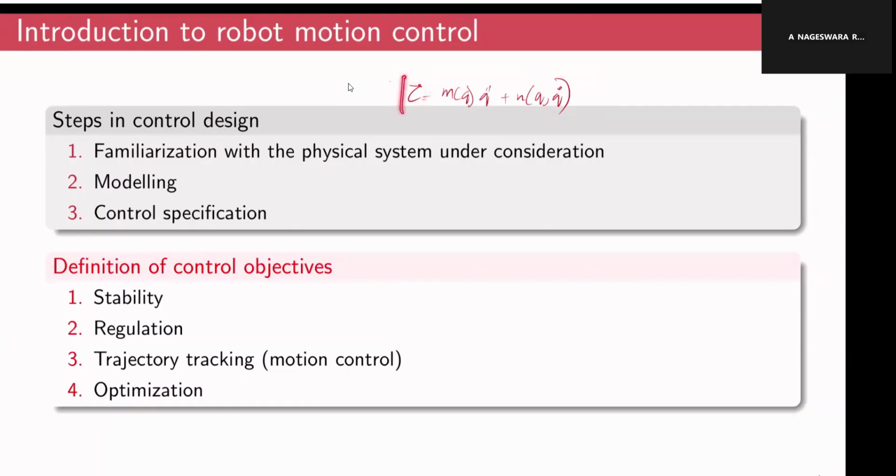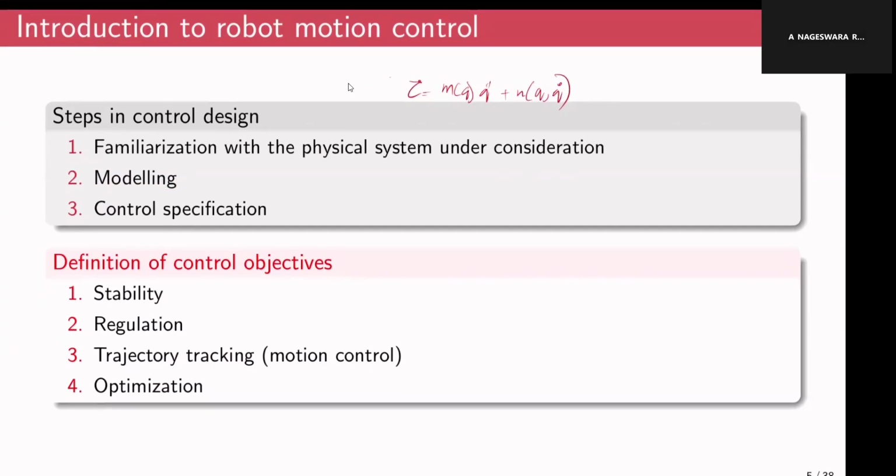In that case, this model is valid, but for all the other cases, we will have to refine our models. So the first step in control design is to have a very good understanding of the underlying robotic system and then to model it mathematically, which is the second step, the modeling of the underlying manipulator.